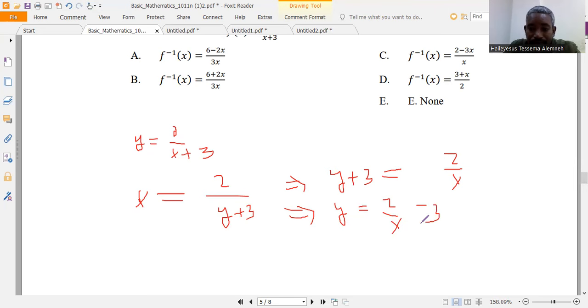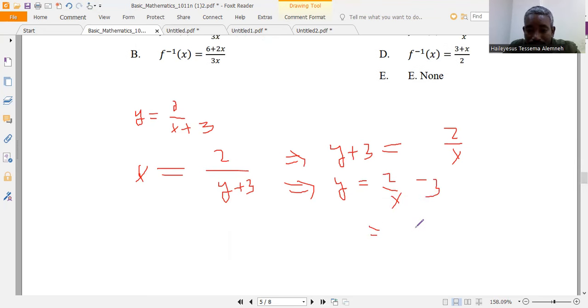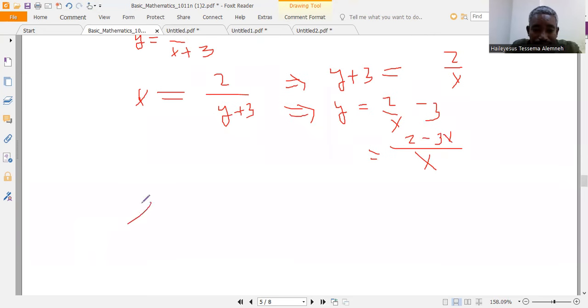Taking x as common, this is 2 minus 3x over x. So f inverse of x is 2 minus 3x over x.